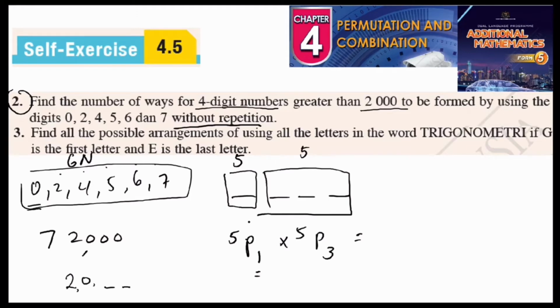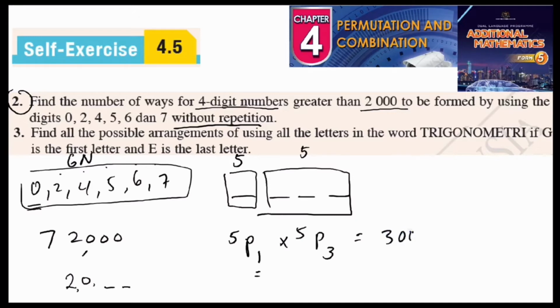So your working is you must write 5P1 multiplied by 5P3, or you can write 5 times 5 times 4 times 3. That is an important step that you have to list down in order to get 1 mark in the SPM exam.